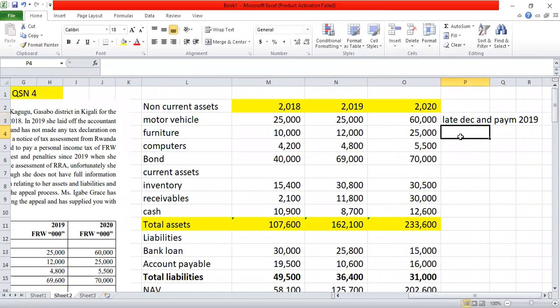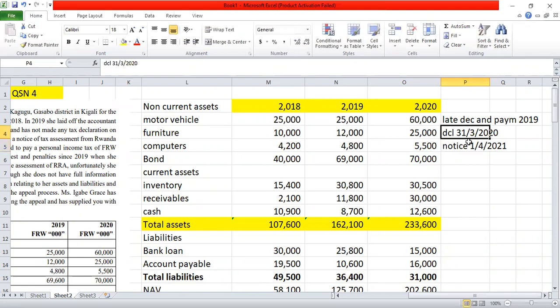2019 was supposed to declare by 31st March 2020. That was the date to declare. The notice of assessment is on 1st April 2021.